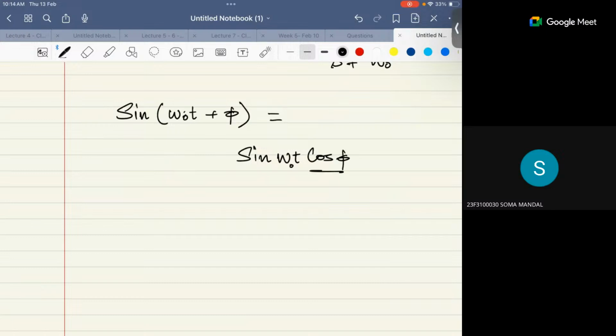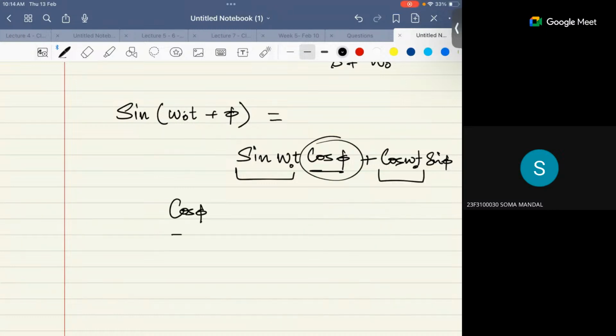So this will work as a constant, plus cos omega t sin phi. For this you can write it, and for this also you can write it, and this will just come out as cos phi, with s square plus omega naught square in the denominator for both the cases.